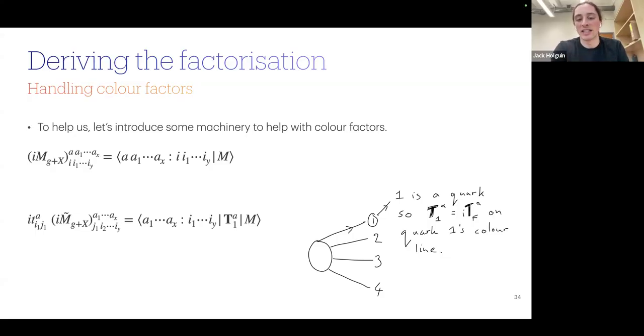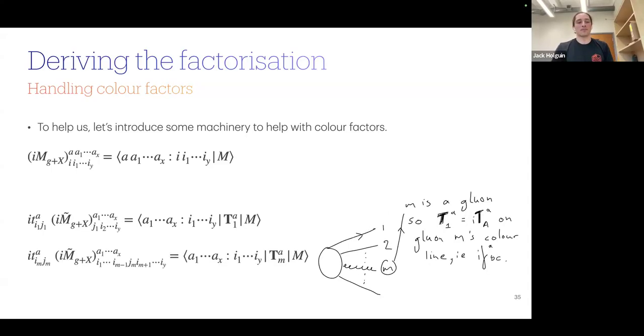And we give it a subscript based on the color line that it's attached to, the particle that it's attached to, so you know in which space it's acting. So for instance, let's say the emission came off the nth particle.